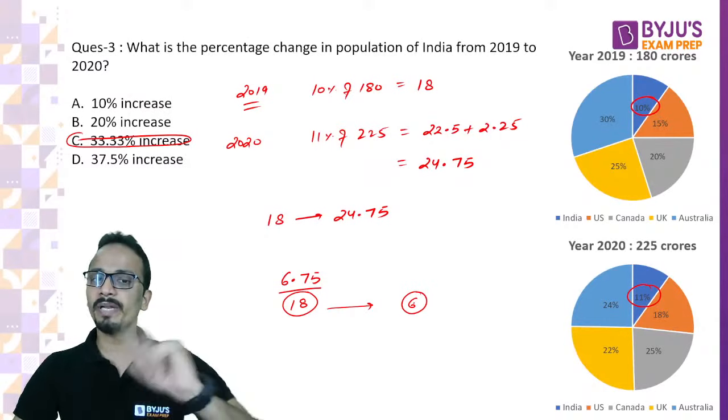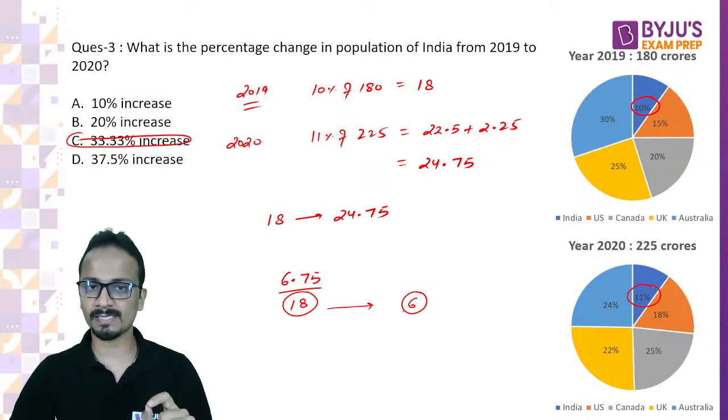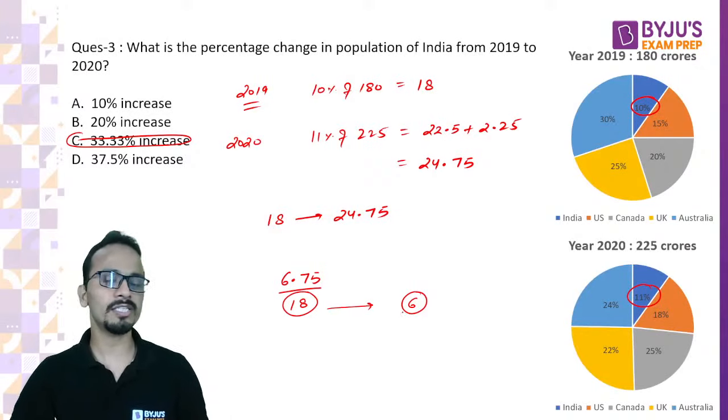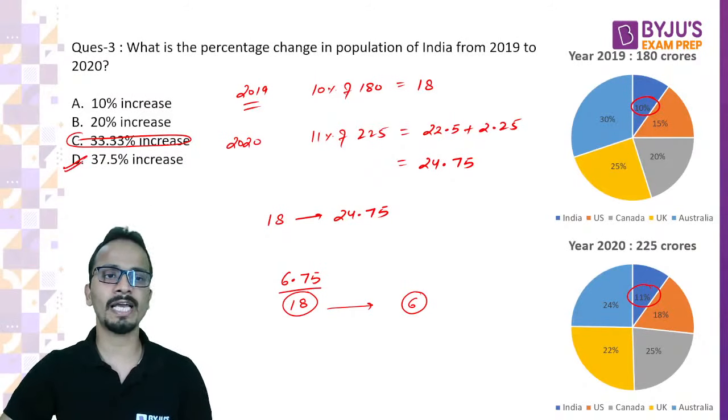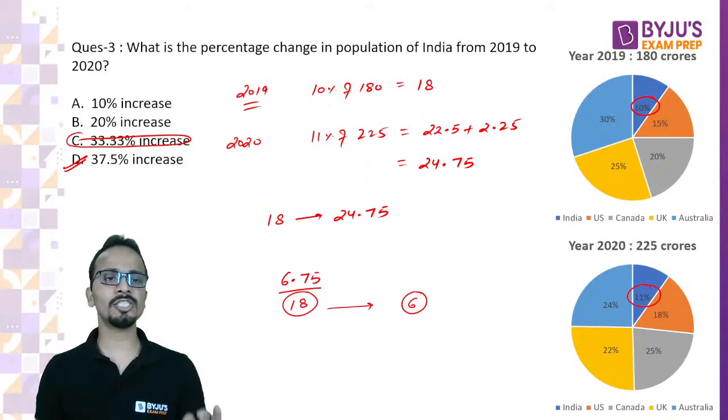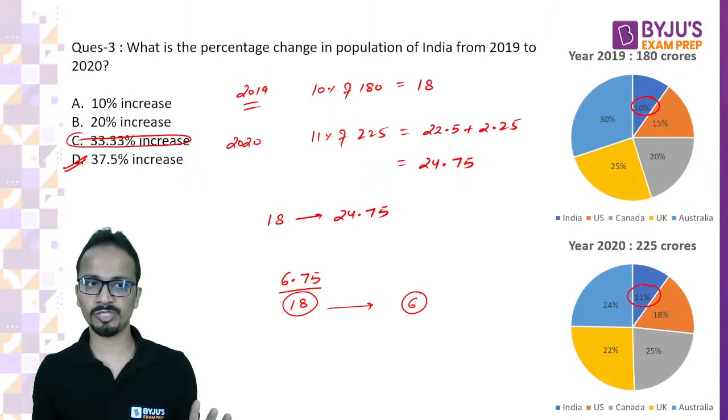So if the numerator would have been 6, the answer would have been 1/3 or 33.33. Here the numerator is more than 6, so the answer should be more than 33.33, and we have only one option like that, which is 37.5. So my answer should be 37.5%.